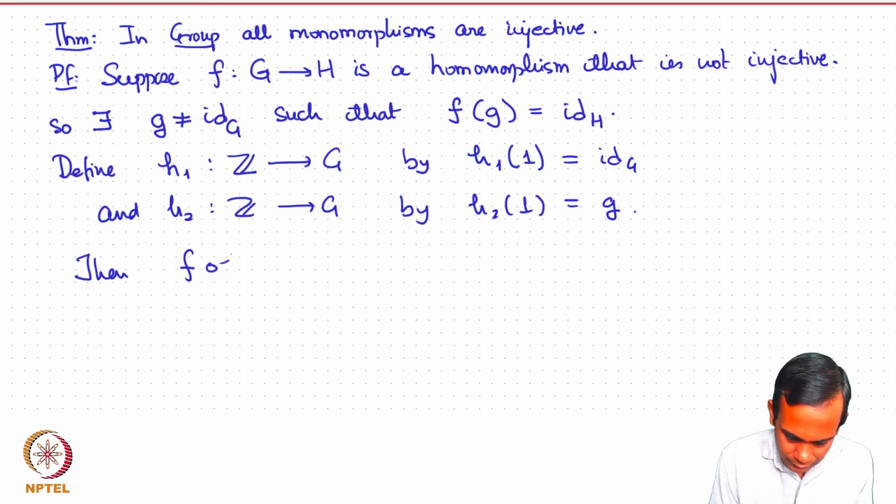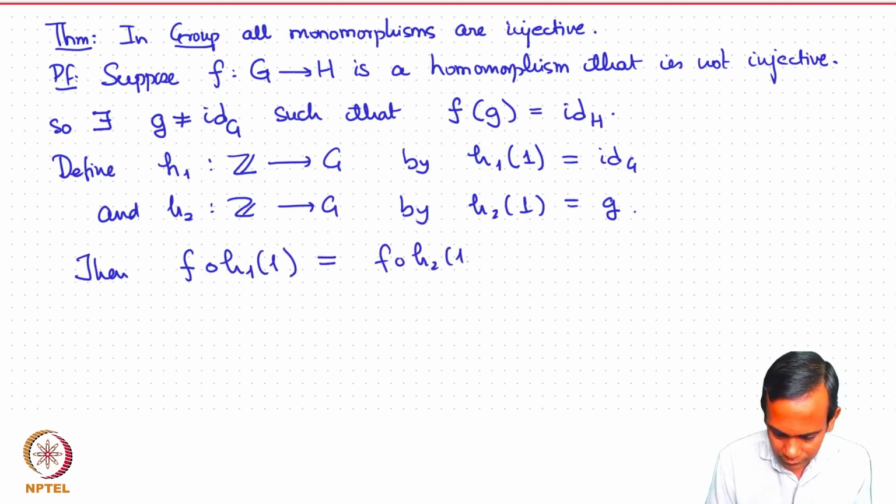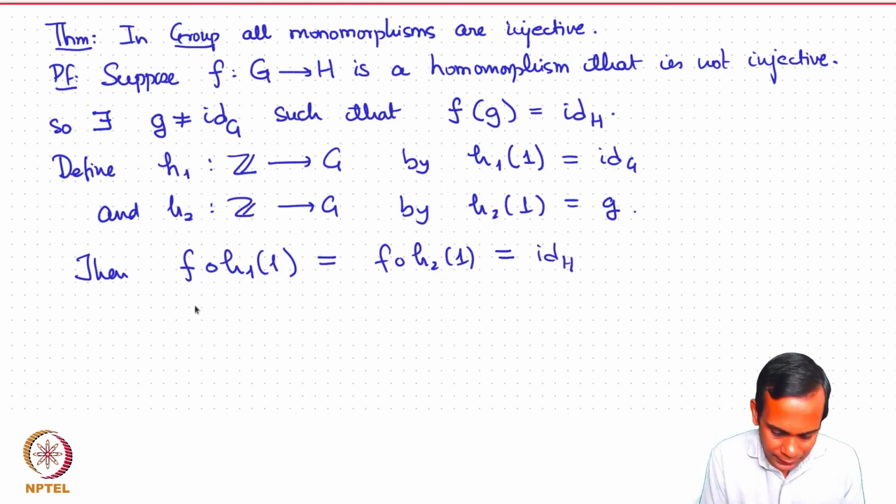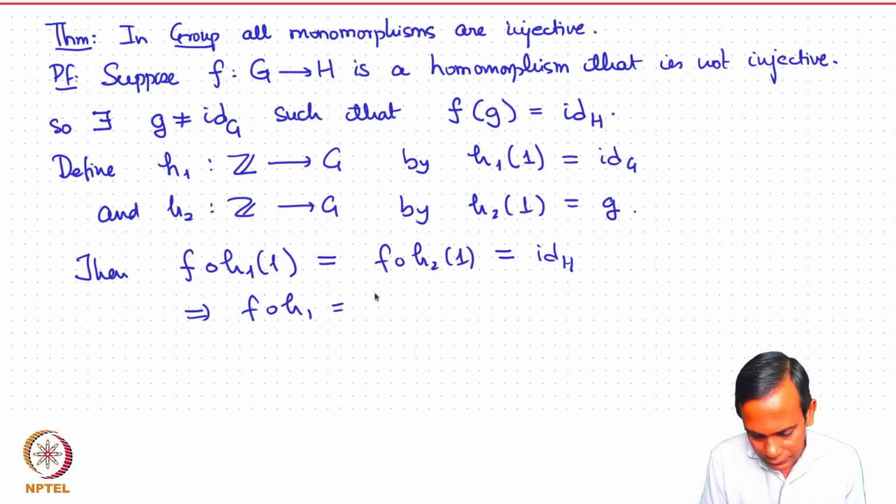Then f circle h1 of 1 is equal to f circle h2 of 1, and both of these are equal to the identity of H. And since every element in Z can be written as a sum of ones or a sum of the inverse of 1, this implies that f circle h1 is equal to f circle h2.